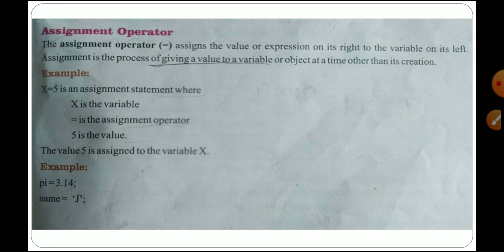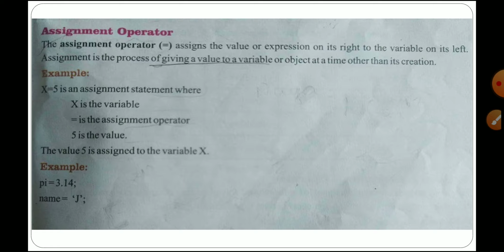The value of pi is 3.14, a constant value in mathematics, physics, chemistry, science or social science, wherever you use the pi concept. It is 3.14 or 22 by 7. Directly they assign that value to the variable pi.